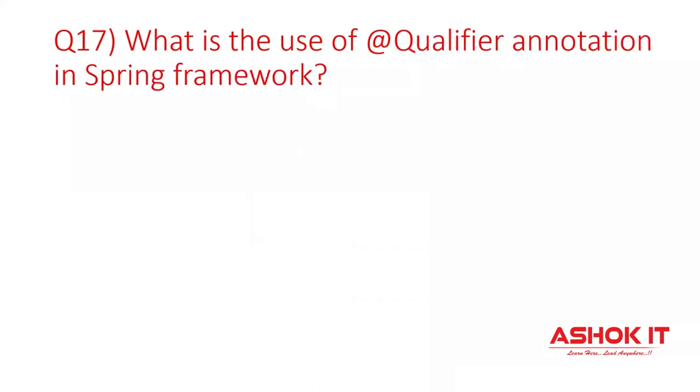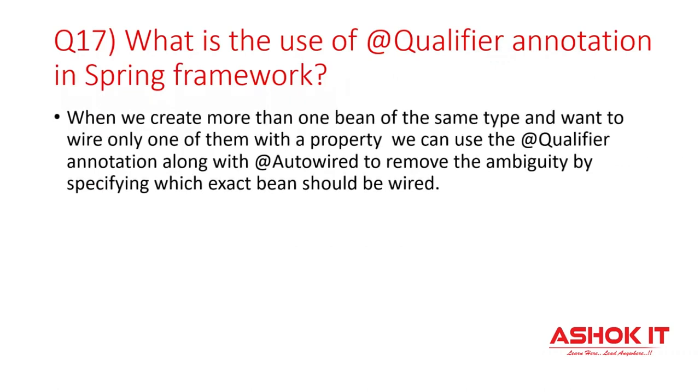Question number 17. What is the use of the @Qualifier annotation in the Spring framework? Generally, @Autowired will search for the implementation object. If multiple objects are found, then we can choose one object of the child type using @Qualifier.